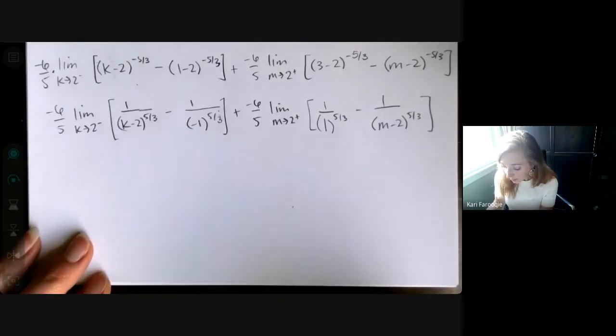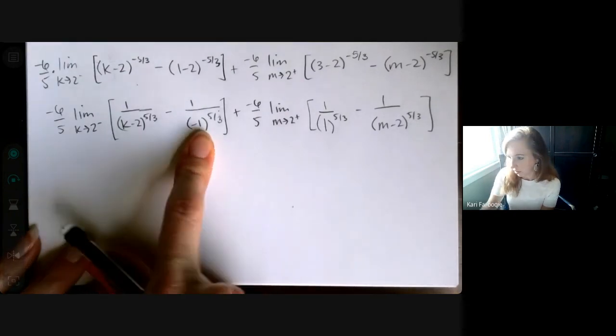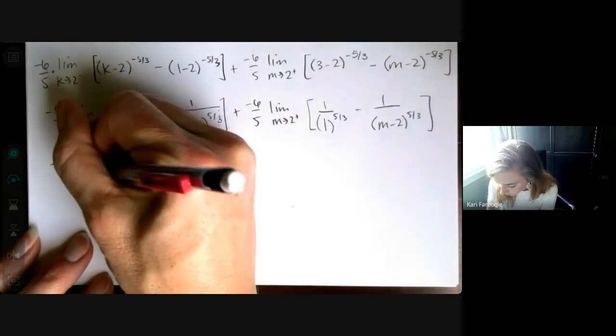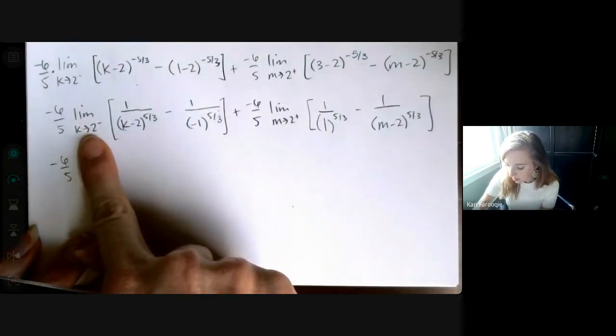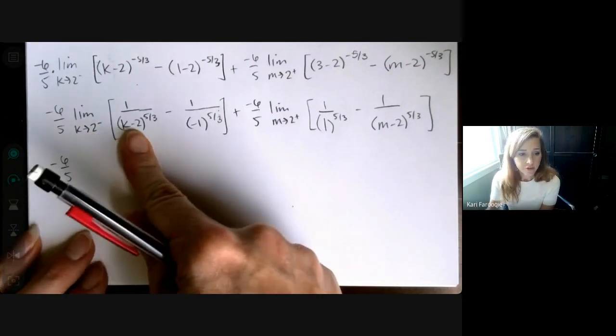All right, now I can go ahead and apply the limit. This one is going to be a constant, so I don't need to worry about it. I'm taking negative 6/5 times the limit as k approaches 2 from the left.